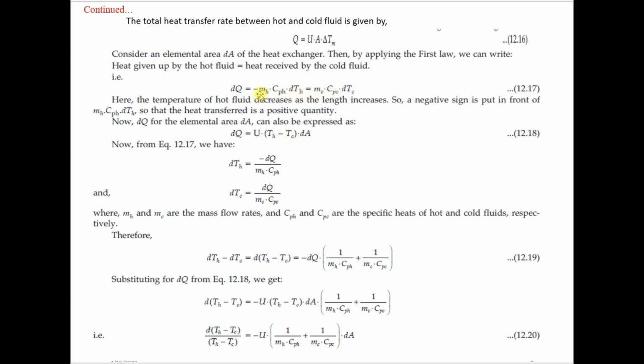From this equation, if you write dTh and dTc separately, dTh = -dq / (mh cph) with the negative sign, and dTc = dq / (mc cpc). mh and mc are the mass flow rates of hot and cold fluids. cph and cpc are the specific heats of hot and cold fluids.